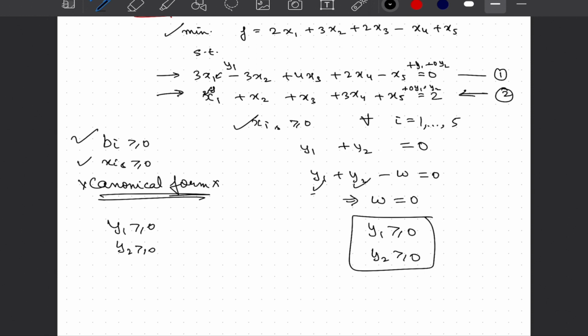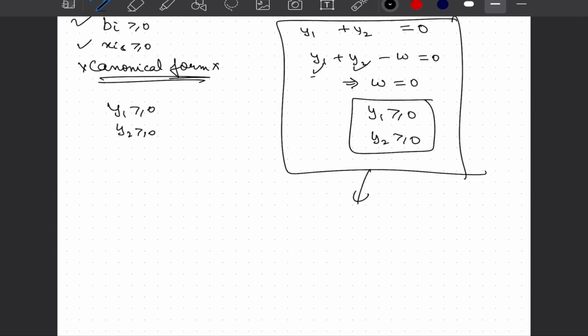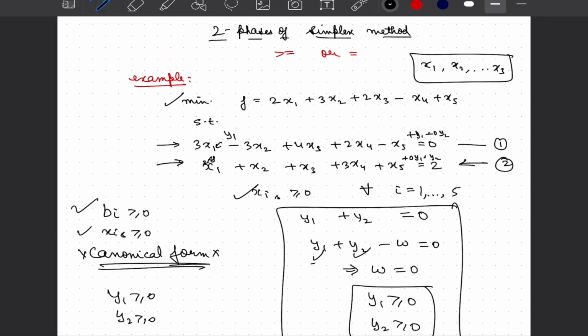So this entire situation that we have created here is called the phase 1 trick of simplex method. We are saying that we are introducing two variables artificially, and at the end of iterations of simplex method, we will show that these two variables are indeed equal to 0, and if they are not equal to 0, that would mean we cannot satisfy both these constraints simultaneously.